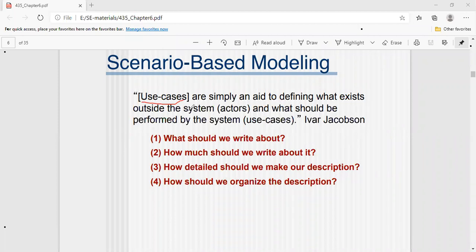If the end users are there, what kind of actions are going to be performed by the end user with that particular domain or project? Those are outside of the system.